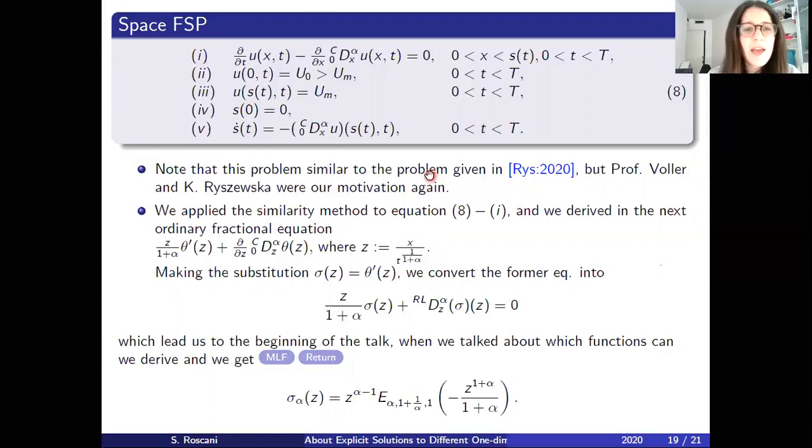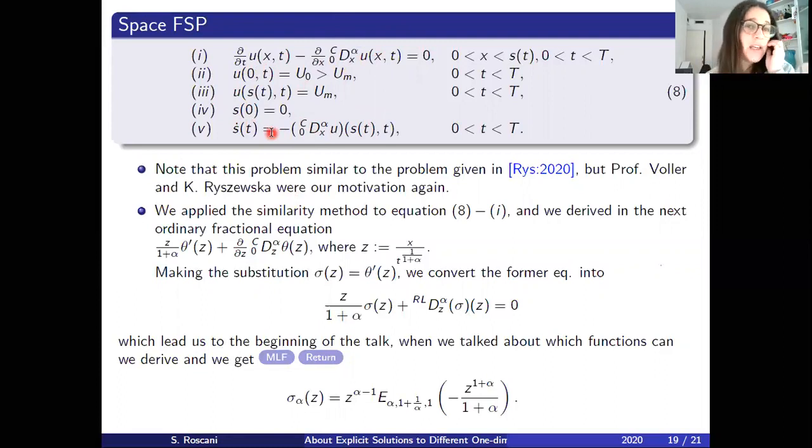Professor Rysewska has proved that if the interface starts from a positive number and you consider an initial condition, and she had another condition here, there exists a solution. This problem is different because we start from zero, but it's similar.